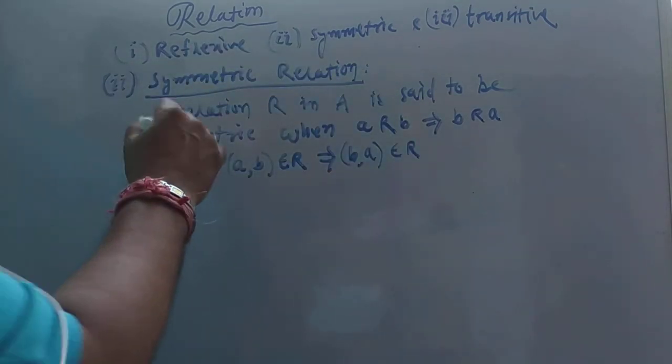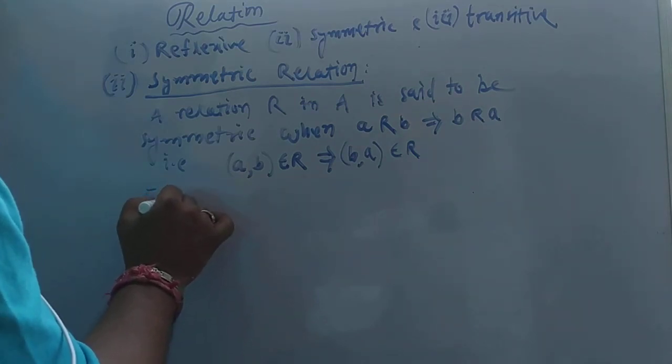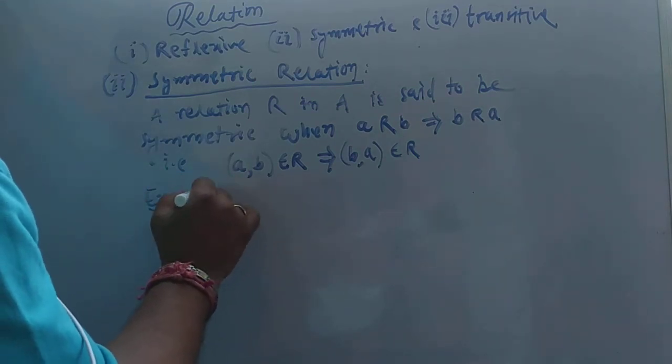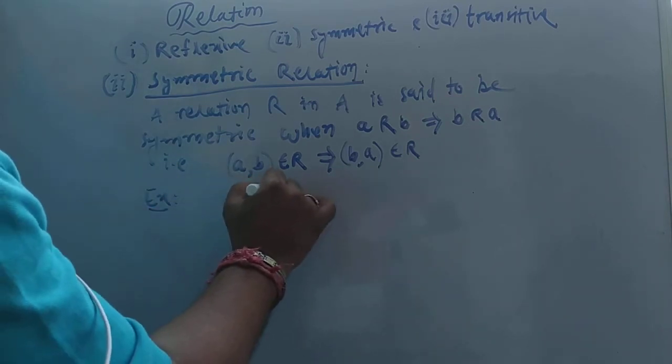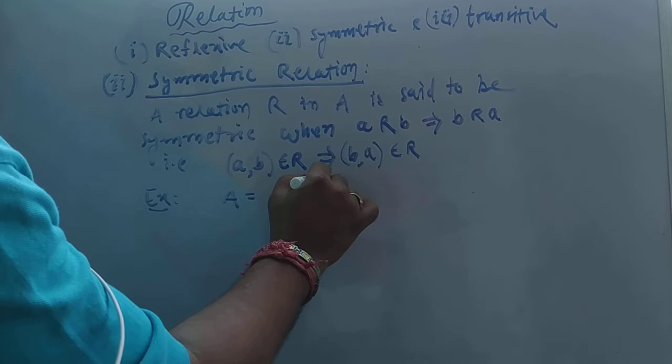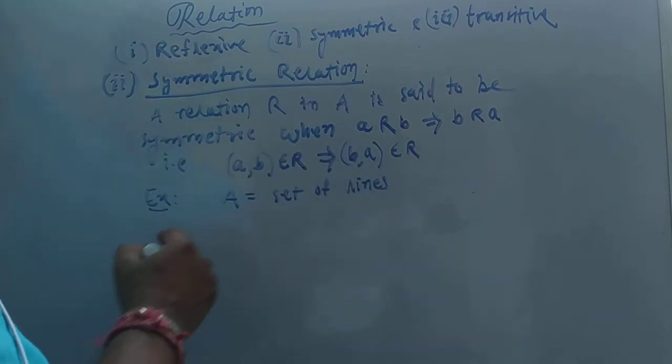Okay, let us take an example. A is the set of lines.